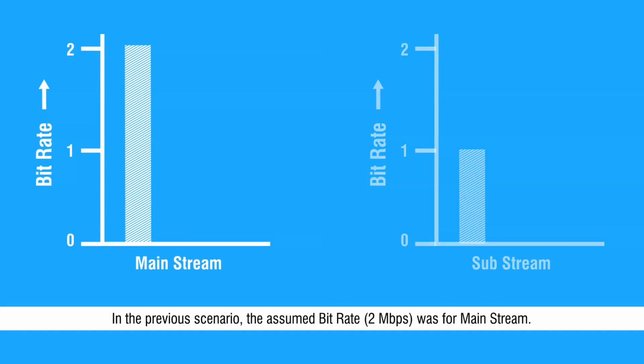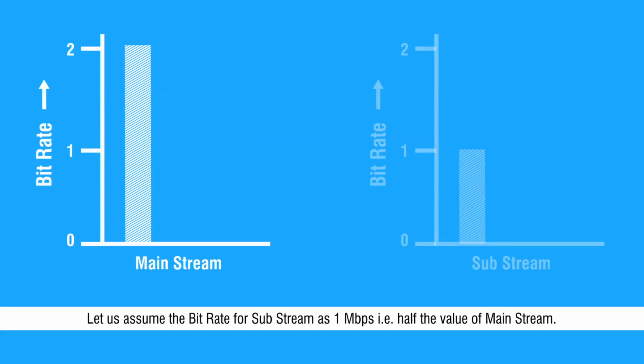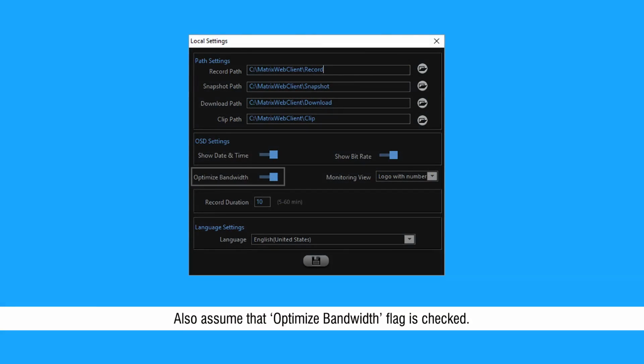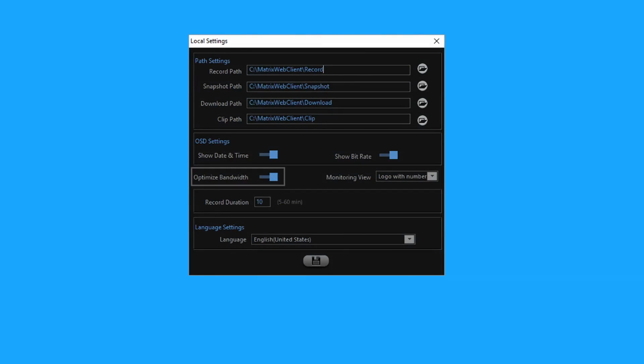In the previous scenario, the assumed bitrate 2 Mbps was for mainstream. Let us assume the bitrate for substream as 1 Mbps, that is half the value of mainstream. Also assume that optimized bandwidth flag is checked.